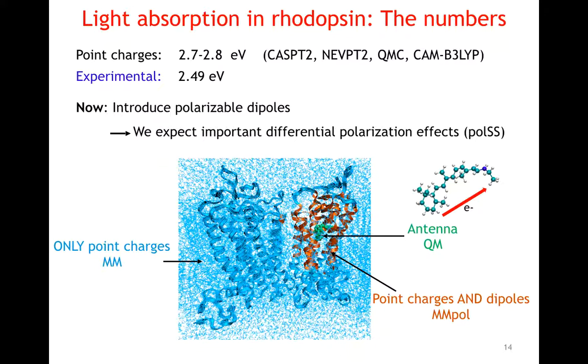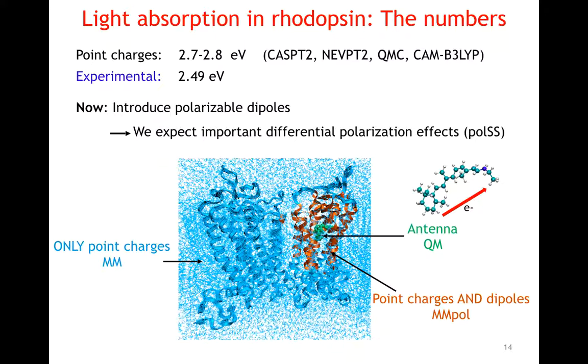The picture that I introduced before was suggesting that there were some limitations in the use of classical point charges and the non-polarizable force field, because a bunch of quantum chemical methods were predicting absorption energies all internally consistent but far from the experimental value. So at this point we want to see if using a state-specific polarization of the environment can actually help us, and to do so we have to play it smart.